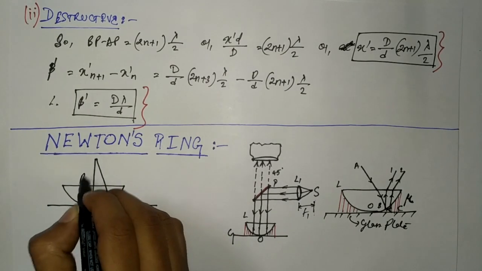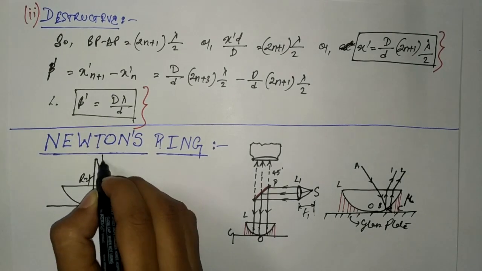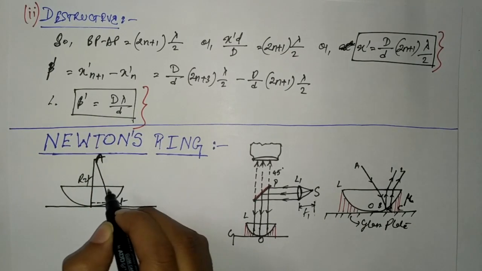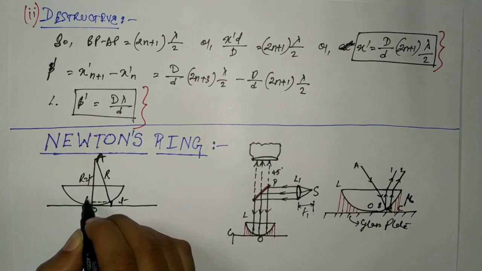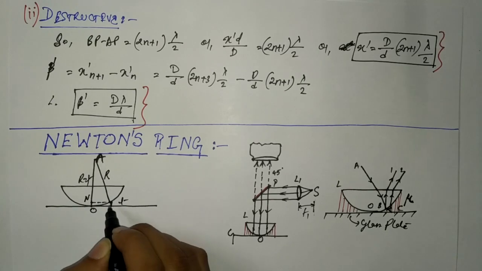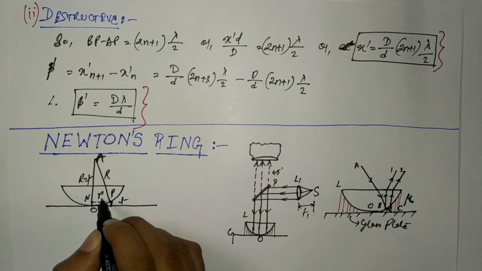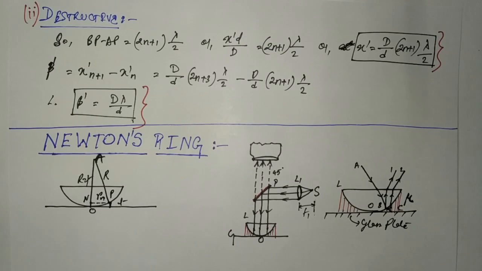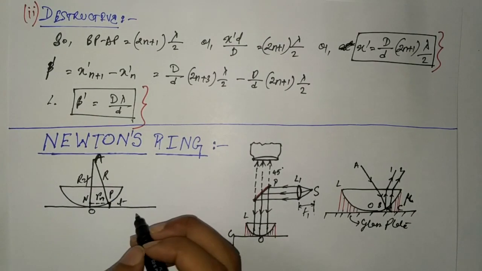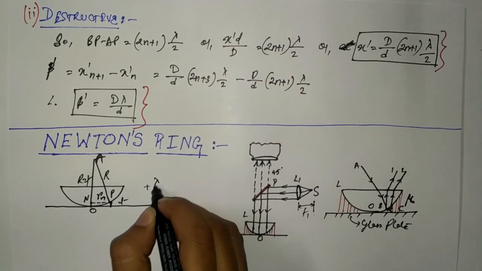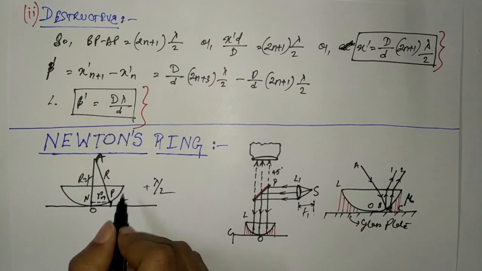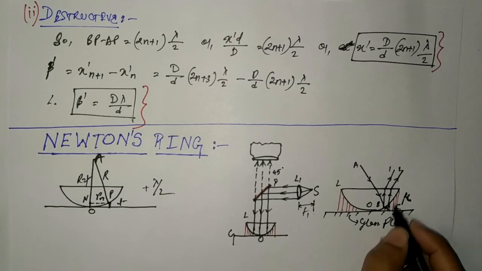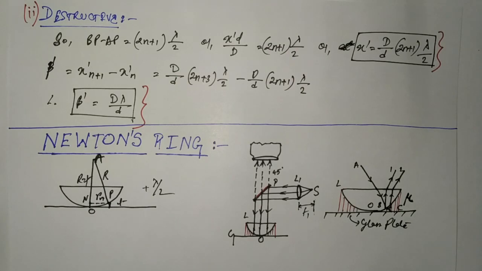So this will be r minus t. Let this point be A. This radius be r, this be O, and this point be N. And let this point be P, and this be r n. So we can say, since there will be an additional path difference of plus lambda by 2, why? Due to the reflection from the surface of the glass plate that I have shown you here, that is a denser medium.